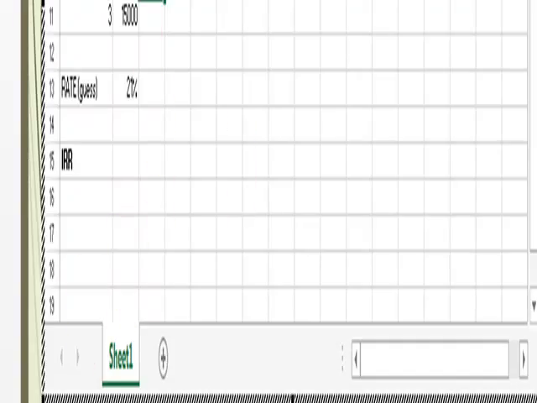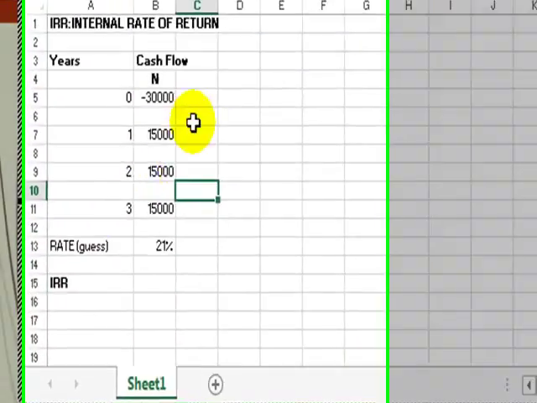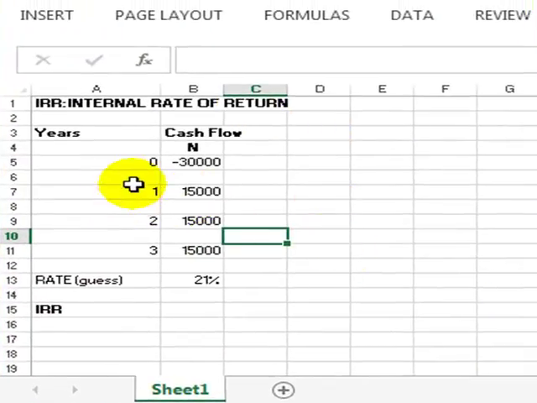Now we can see we've input the values into the cells. Year 0 is the year in which the 30,000 naira was invested as a cash outlay. The first year has 15,000 naira, that's the cash inflow.